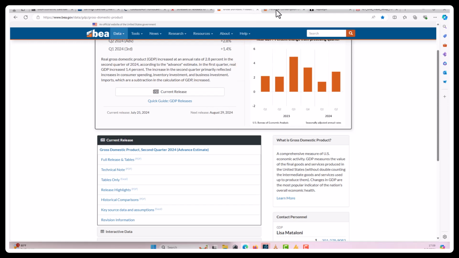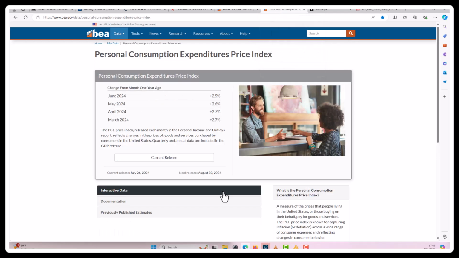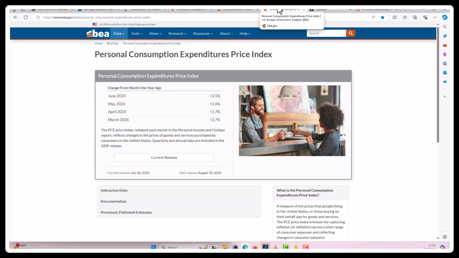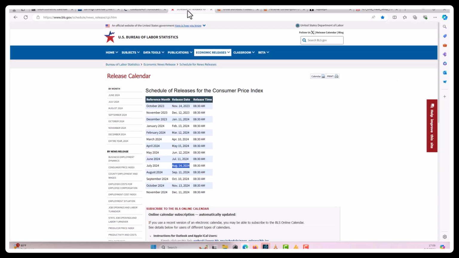And then you have the PCE data, which is on the 30th. PCE is another indicator for inflation, the personal consumer expenditure index, very similar to the inflation measure we're going to release next Wednesday with CPI. So let's see.